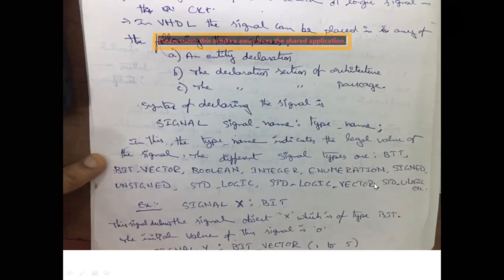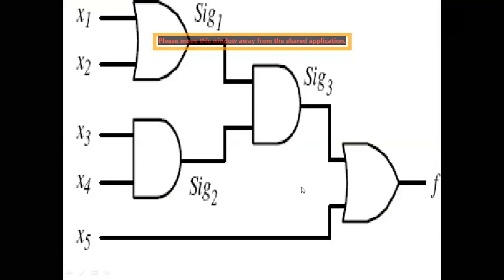What is the difference between bit and bit vector? To represent an array of bits, we mention bit vector. See this example.